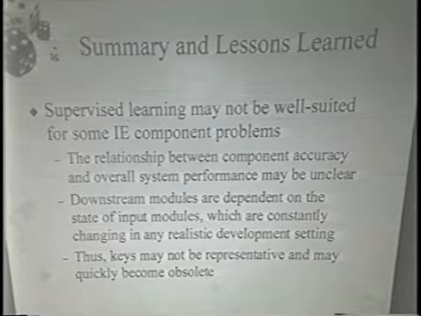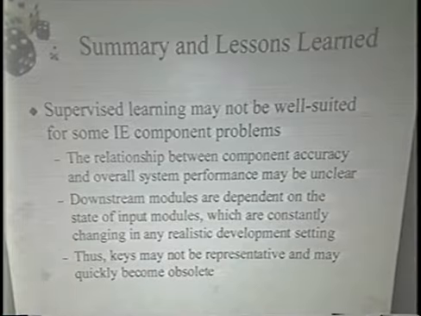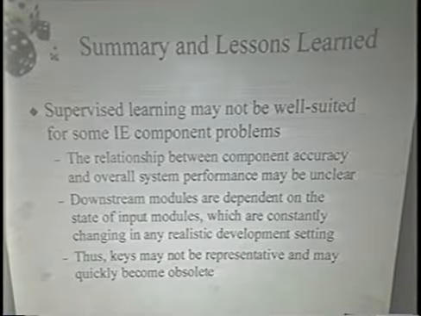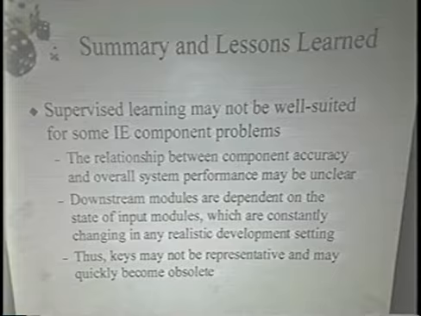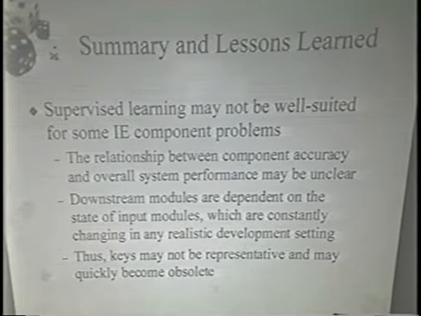And again, as in emerging experiments, you might code up a bunch of data for some module in your system and then be surprised at what the real relationship is between what that module produces and, say, the F-score in this case. And again, no sooner did I generate training data for my merging module than it became obsolete a couple weeks later when a couple of design decisions were made to change the system. So again, the keys that you do might not be representative and might become obsolete.